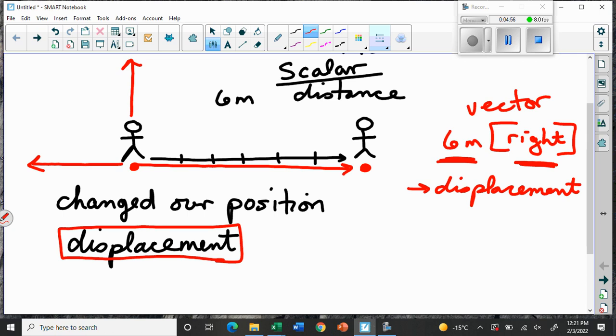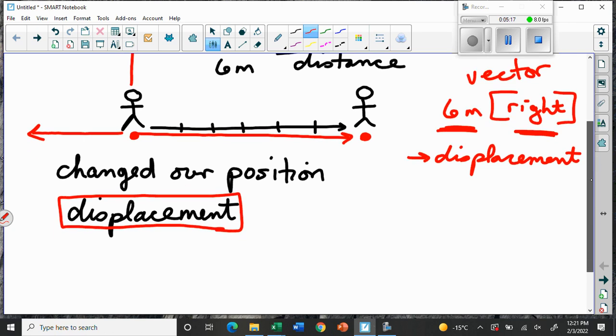But for now, we're just going to write our vectors with a number, the magnitude part, and then square brackets indicating the directional idea. Okay, so displacement is a measure of how something is moved. It's a measure of the change in our position.